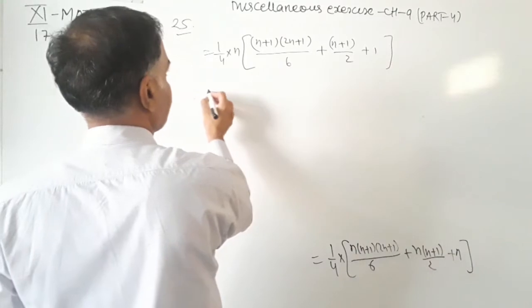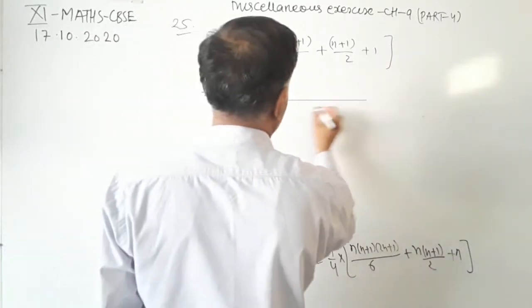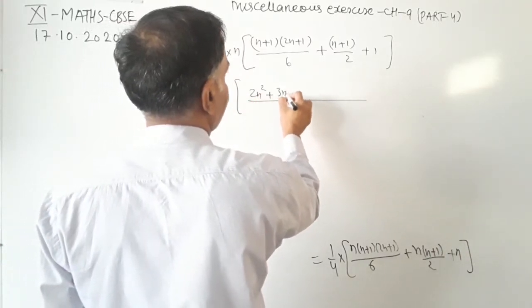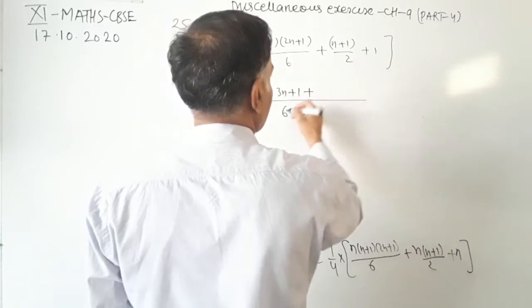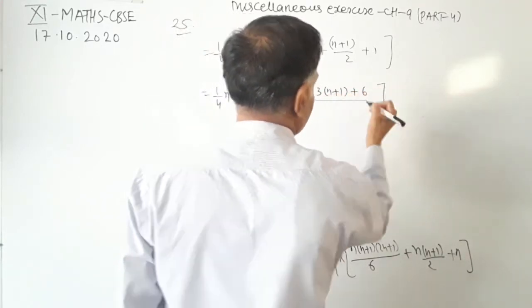Now taking LCM as 6, 1 upon 4 into n, with 6 as LCM, we will have 2n square plus 3n plus 1, plus 3 into (n plus 1), plus 6.